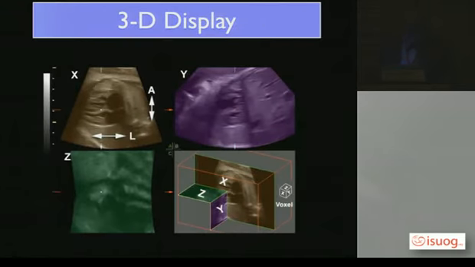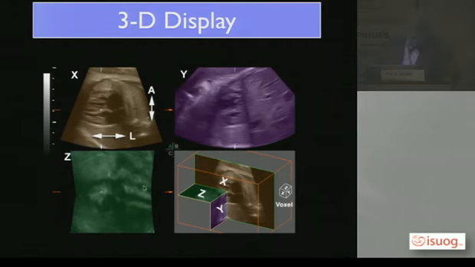The 3D display, it's important to understand what you're observing on the screen. I've color-coded this so you can see more easily what the images represent. This is the acquired plane called the X plane, and then the Y plane is perpendicular, as you see here, to the X plane.